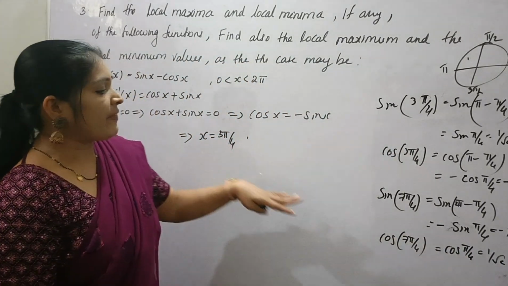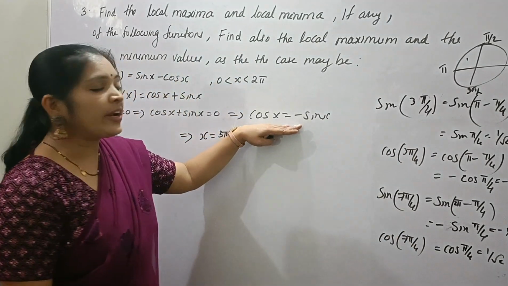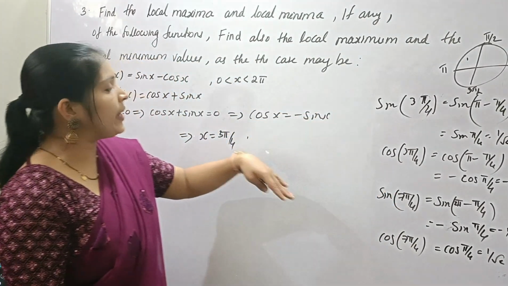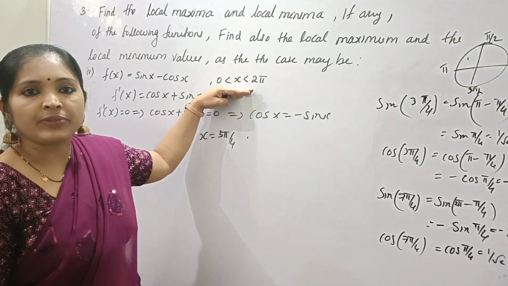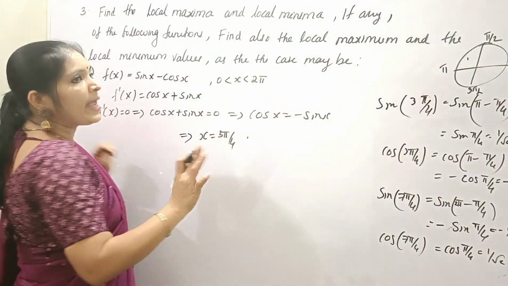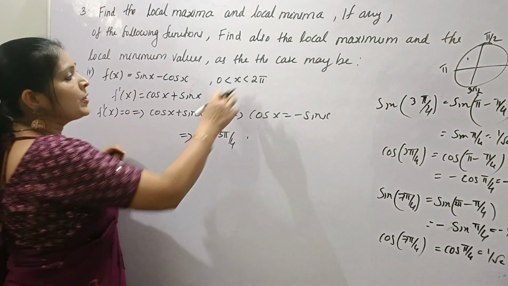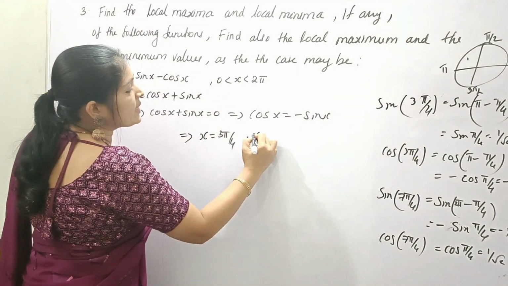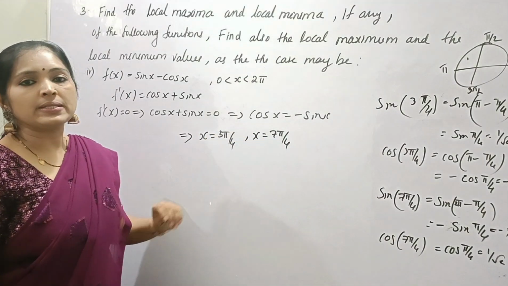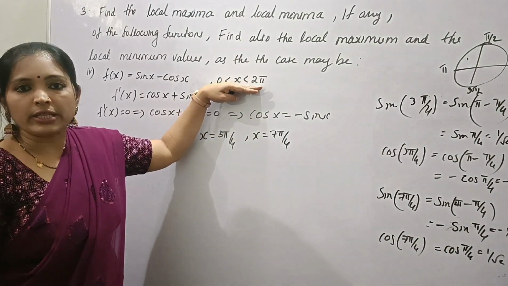So 7 pi by 4 also satisfies this equation, and we have to check whether this 7 pi by 4 is included in this interval. Yes, obviously 7 pi by 4 is included, and 8 pi by 4 is not included. Okay, so x is equal to 7 pi by 4. Anything more than this will not be included in this interval.